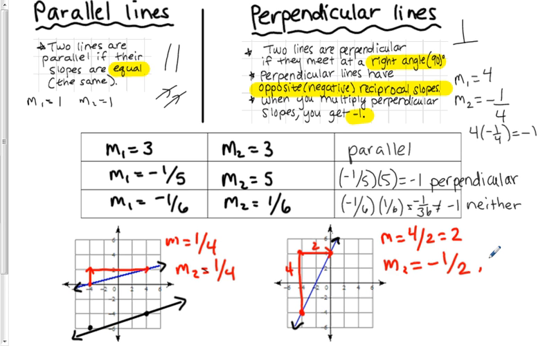So once again, I'm just going to draw a random point here. And I am going to use my slope to come up with another point.